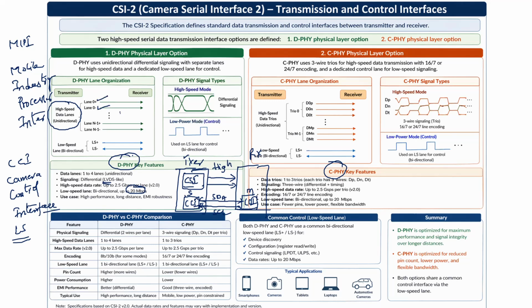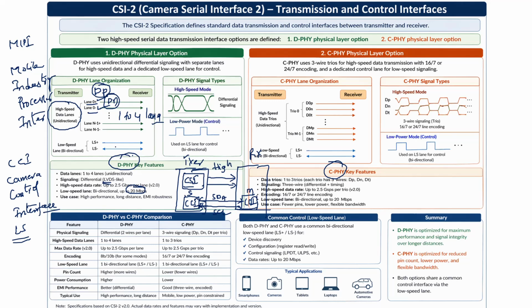So in this, 1 to 4 lanes are there. That means one clock lane and two or more data lanes will be there. So these data lanes have a positive lane and a negative lane. That means the DP lane and the DN lane, differential positive lane and differential negative lane. Similarly, for the low speed lanes we are using two lanes.